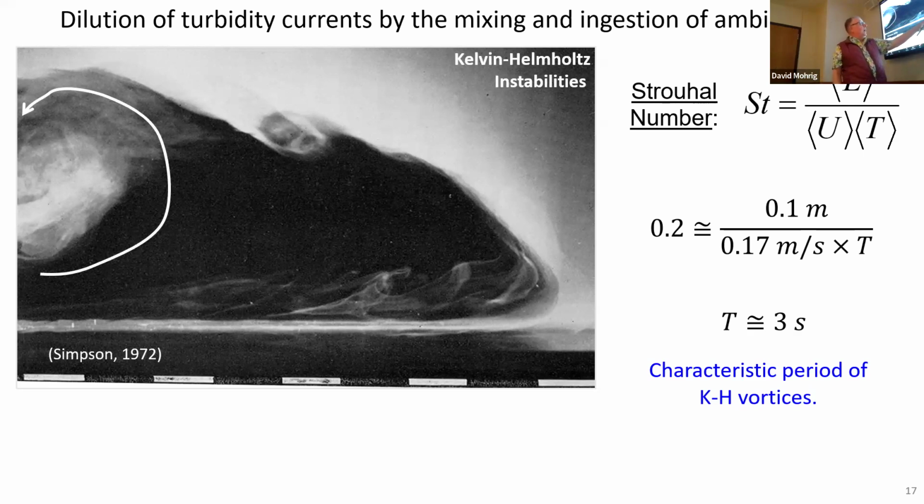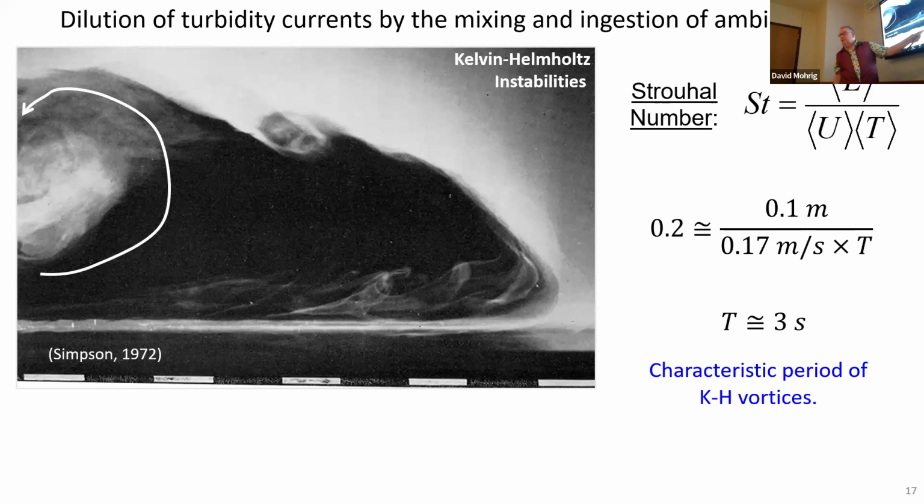It's a dimensionless number that comes right out of the Navier-Stokes equation, or the second law of continuum mechanics. You have a length scale, a velocity scale, and a time scale.